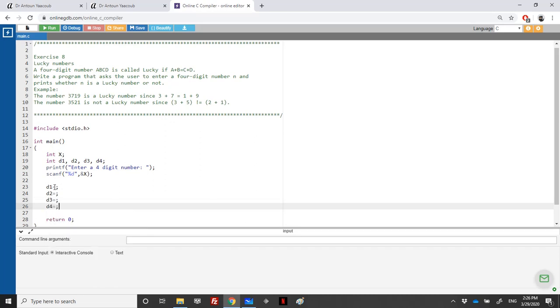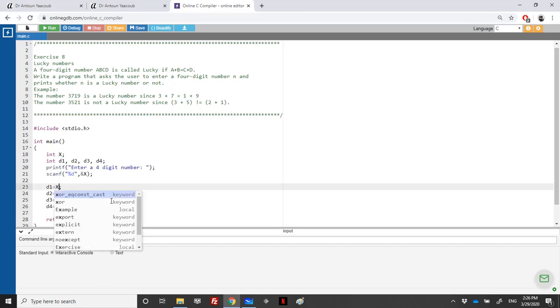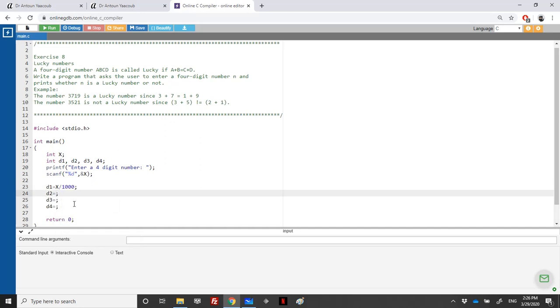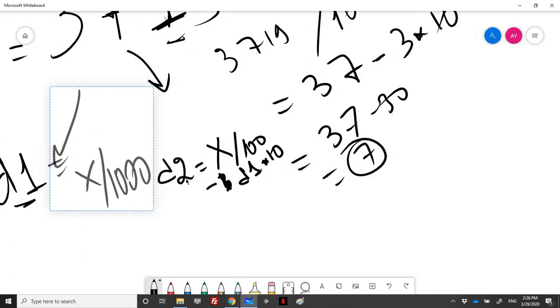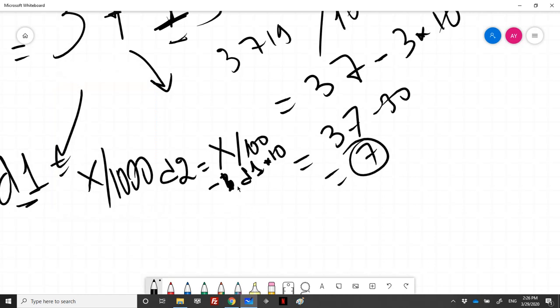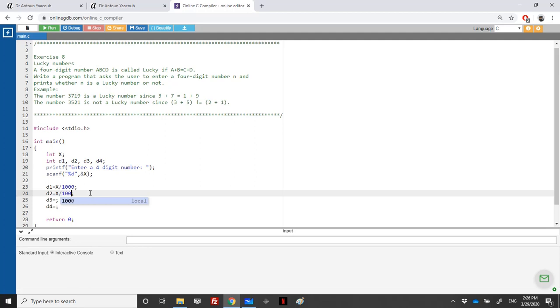As we have said, in order to get the first digit I need to do x over 1000, and then in d2 I'll divide it by 100, and then I will subtract d1 multiple 10. When I divide by 100 a number like this, I will get 37, I will remove 30, and I'll get 7.